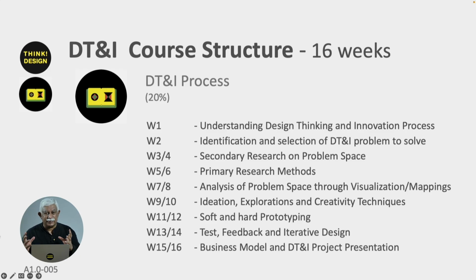Week 3 and 4 are secondary research, where you look at knowledge which is already existing on your problem space. Week 5 and 6, you actually go to the users, to the location and conduct research, get information which is first hand information, followed by analysis, then ideation and creative techniques, basically explorations.